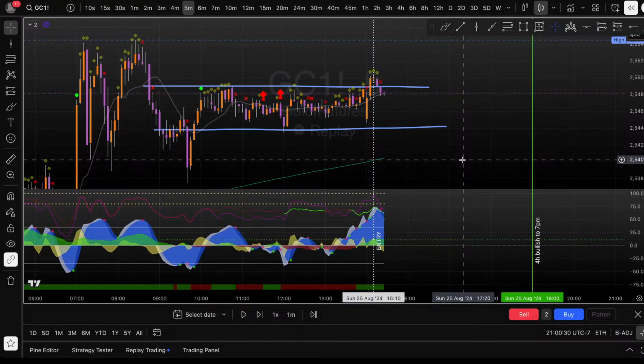So here we're on the moving average. It'd be nice to get above that blue line again.